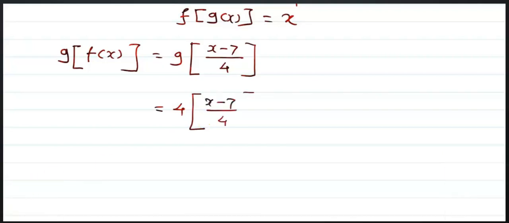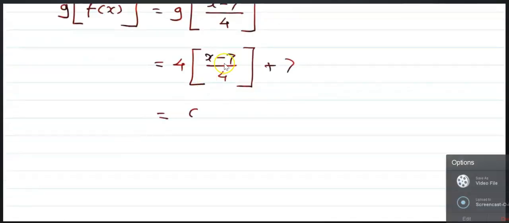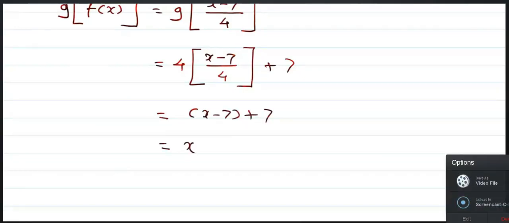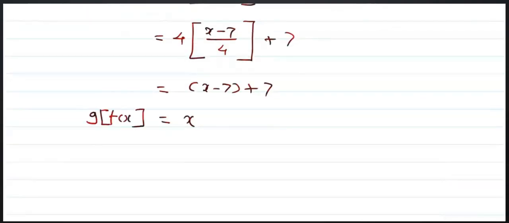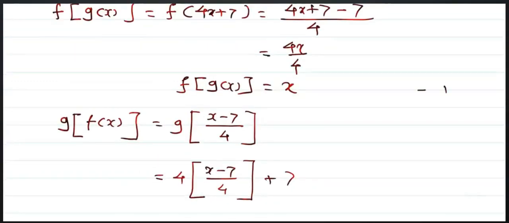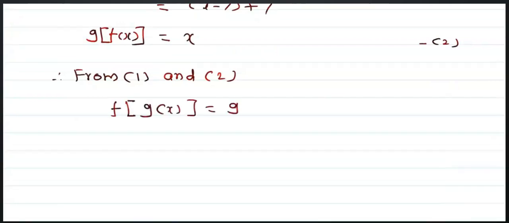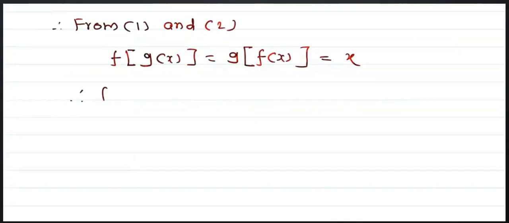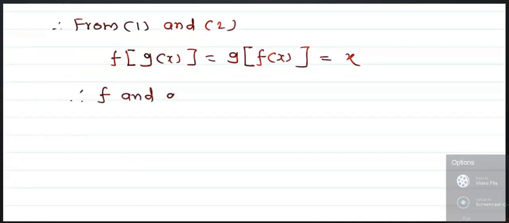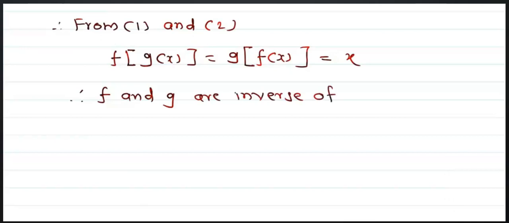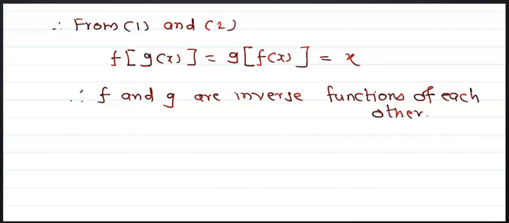Then you will get 4 in bracket x minus 7 upon 4 bracket complete plus 7. And after simplification, you will get x minus 7 plus 7, that is equal to x. Therefore, g of f of x is equal to x. Therefore, from 1 and 2, f of g of x is equal to g of f of x is equal to x. And hence, f and g are inverse functions of each other.